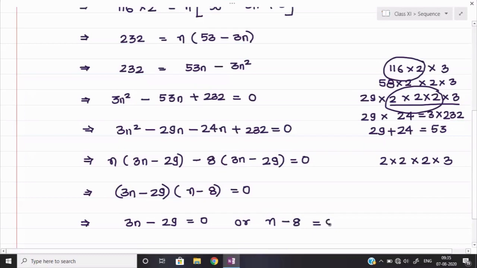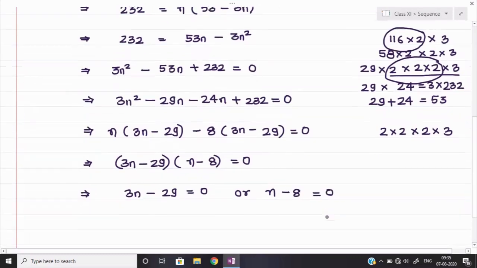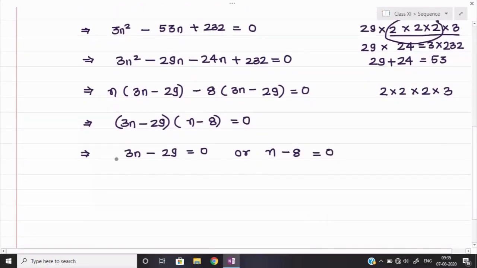Okay, now if I try to find out the value of n from both the equations, I will say that n is equal to 29 upon 3, or we can say the value of n will be equal to 8.